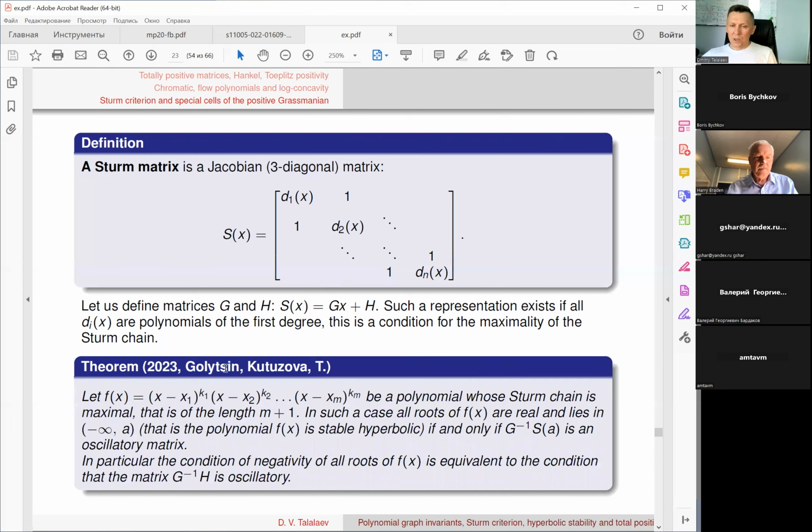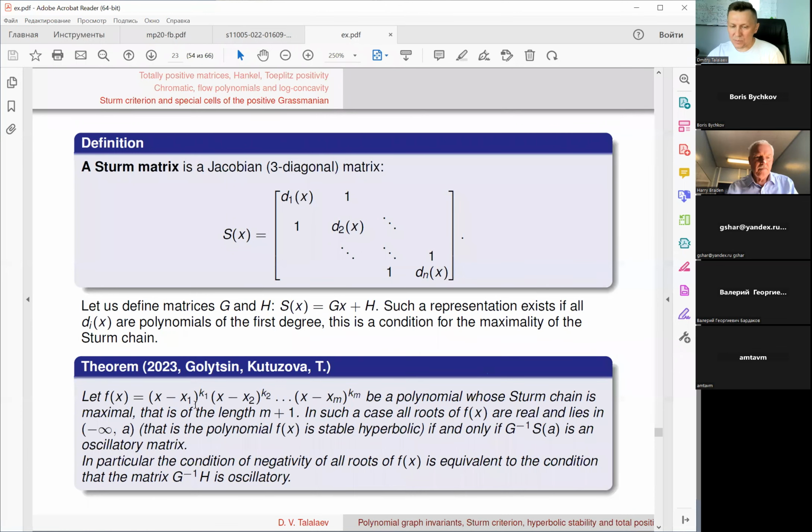A theorem proved with students of Yaroslavl State University states the following: let f be a polynomial of this type with maximal Sturm chain.